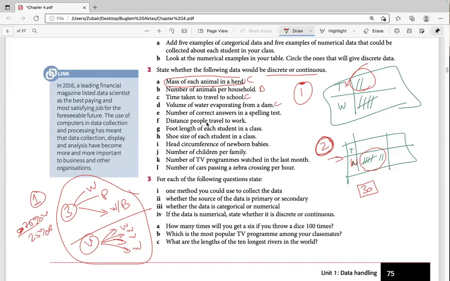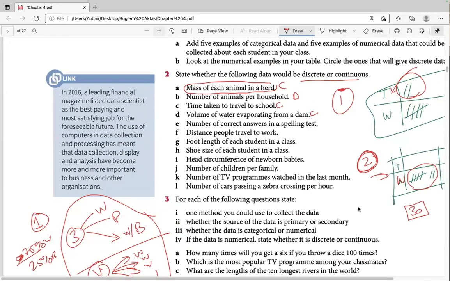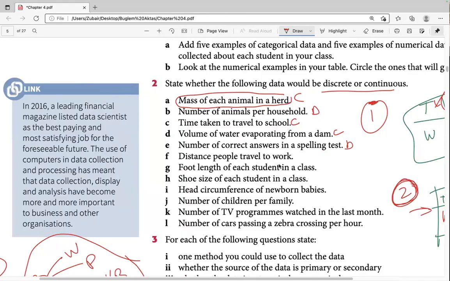Very good. Number of correct answers in a spelling test, discrete. Distance people travel to work, continuous. Foot length of each student in class, continuous. Shoe size.